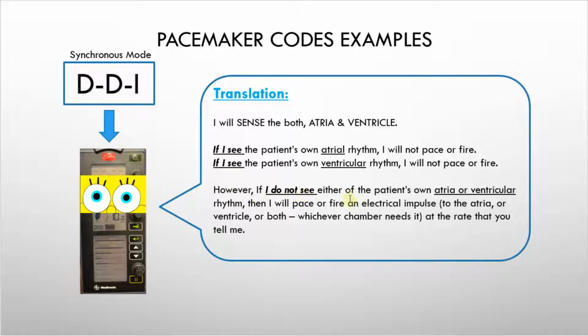However, if I do not see the patient's atrial or ventricular rhythm, then I will pace either the atria or the ventricle or both at the rate that we set in the pacemaker. So this is what this mode means.